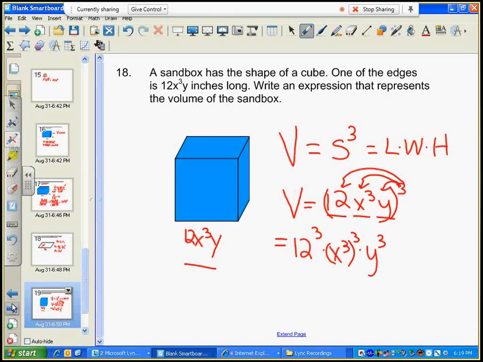Three factors here. 12 cubed is 1728. Ooh, power to a power, multiply, and that's a fact. x to the 9th, 3 times 3 is 9, times y cubed. Can I simplify anymore? I cannot. I'm done.